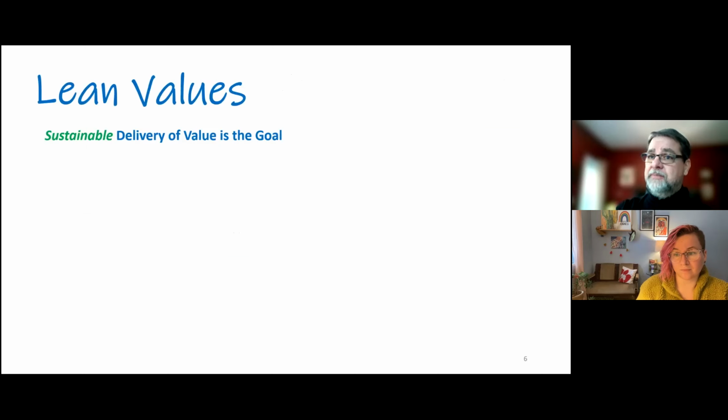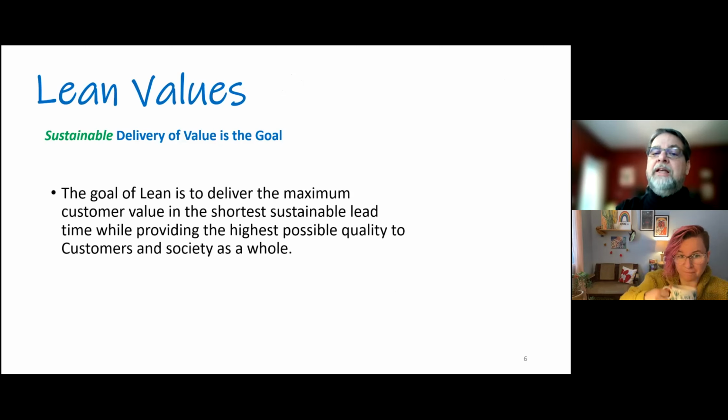So Lean, as we talk about Lean Agile or Lean-Agile, where sustainable delivery of value is the goal. And we go on to say that the goal is to deliver that maximum customer value in the shortest sustainable lead time, while providing the highest possible quality to customers and society as a whole.